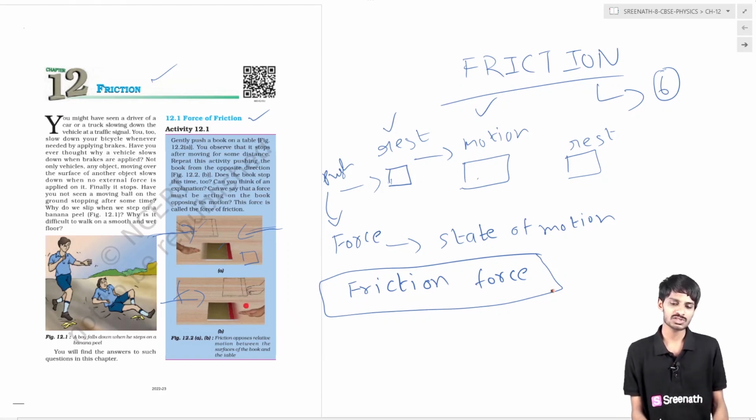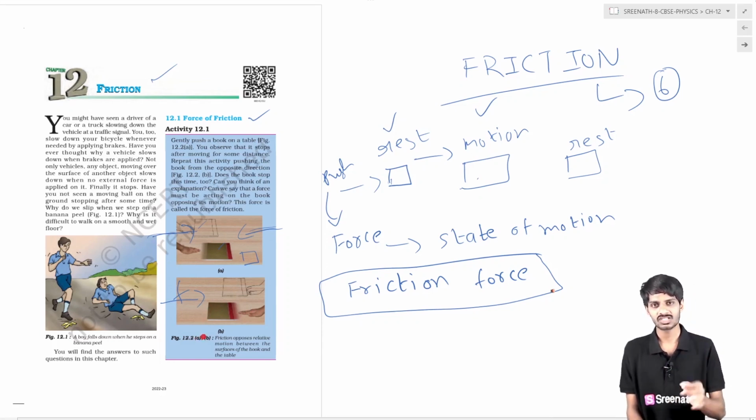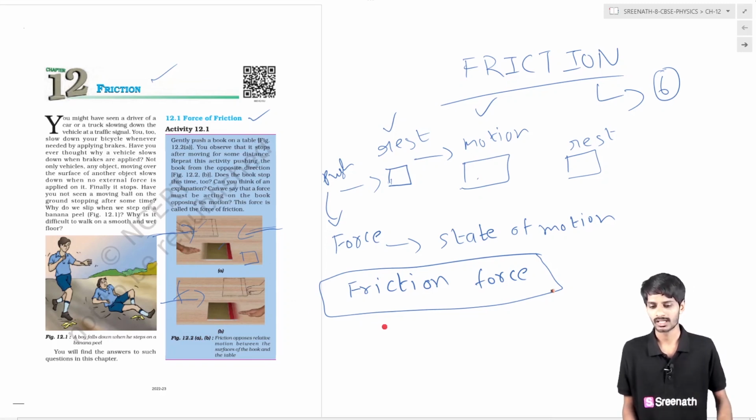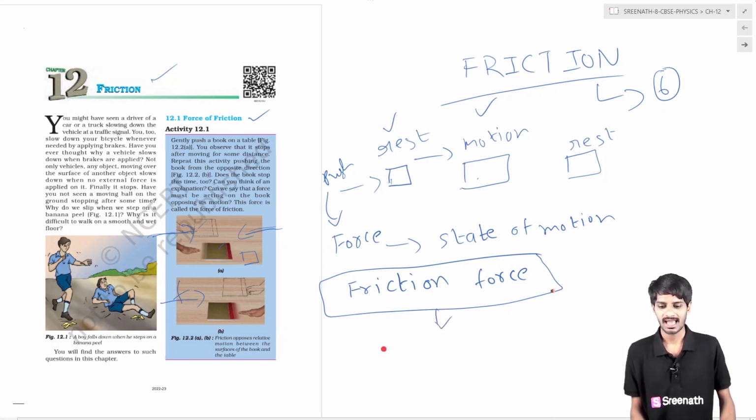In every case, friction will always act opposite to the direction of motion. If motion is in this direction, then friction is in this direction. That is what we have concluded: frictional force always acts in the opposite direction to the motion.